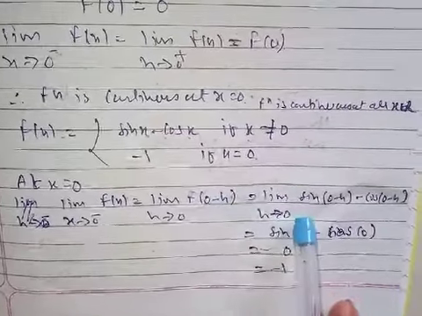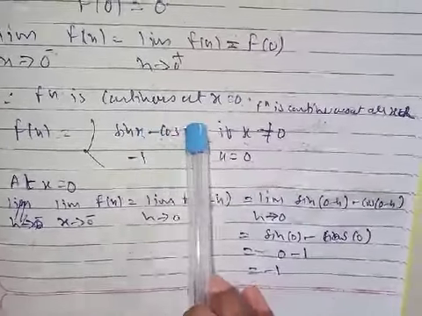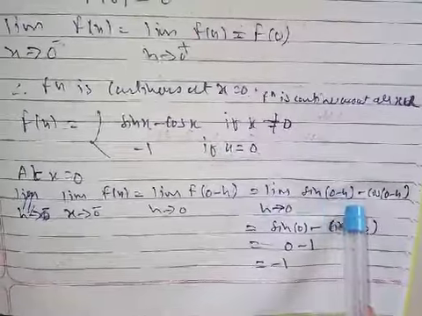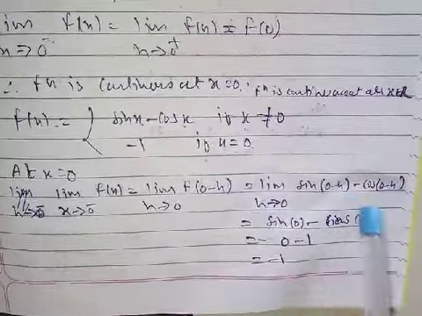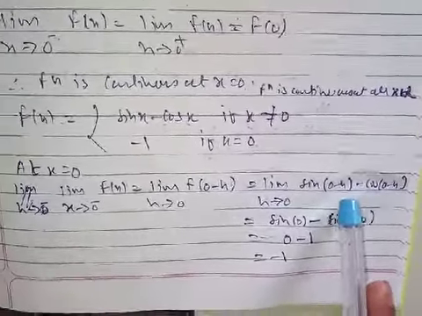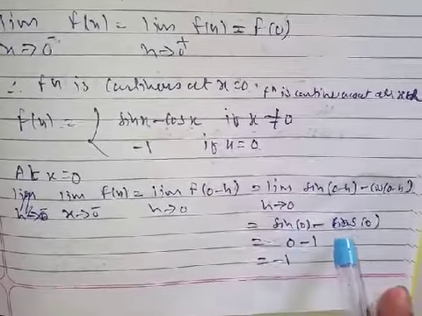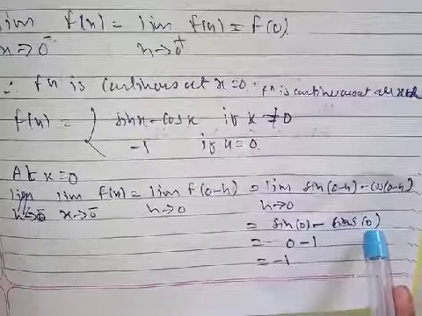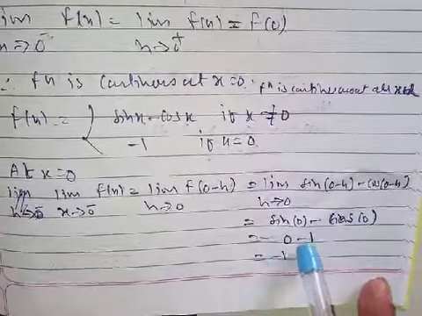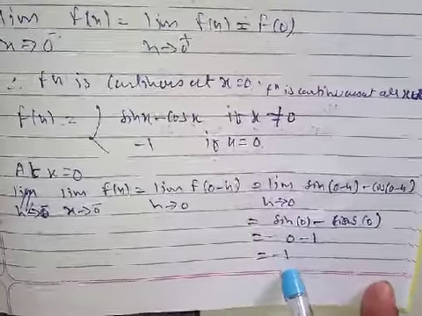So in place of x, what do you have to write? 0 minus h. If we substitute the value, what will we get? Sin 0 minus cos 0. Sin 0 is 0. What is cos 0? Cos 0 is 1. So the answer becomes minus 1.